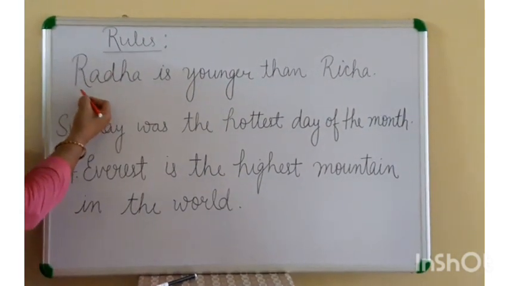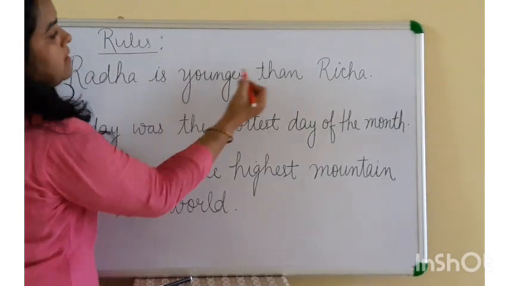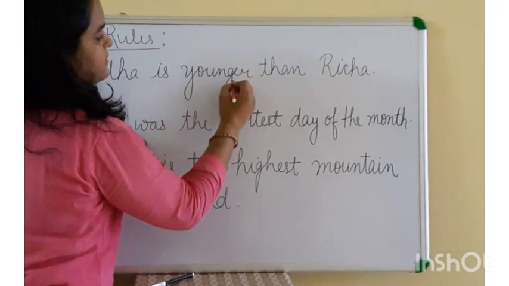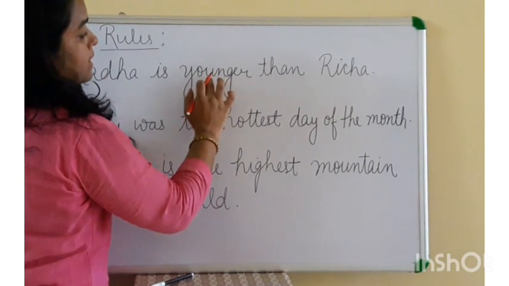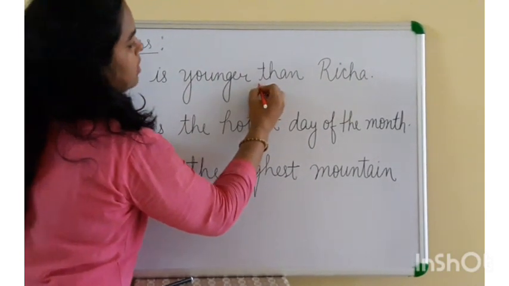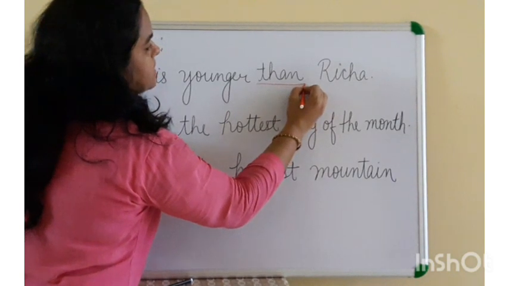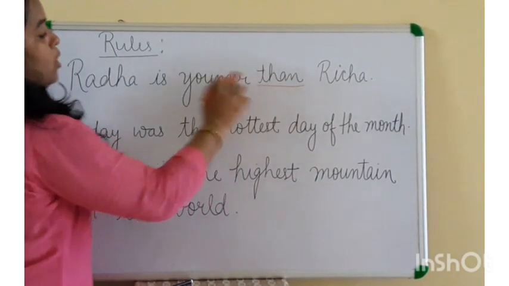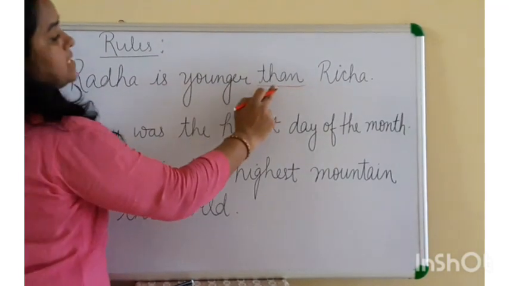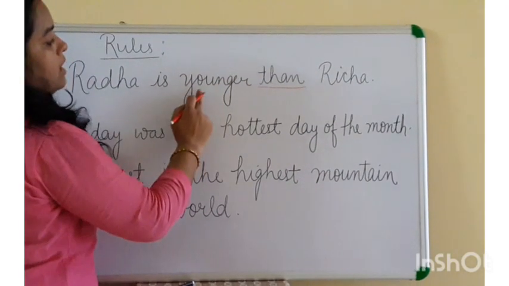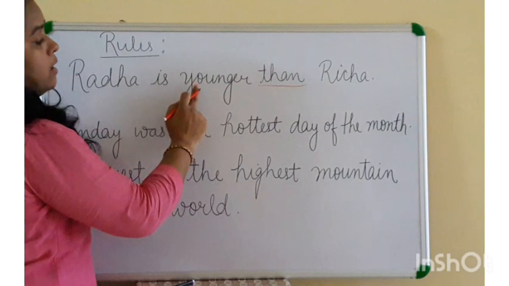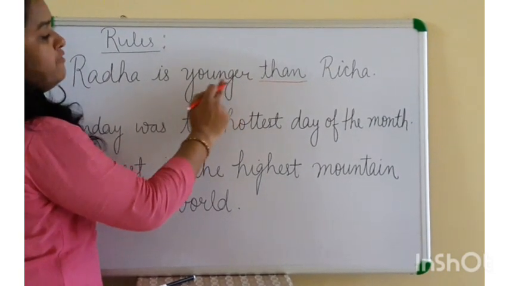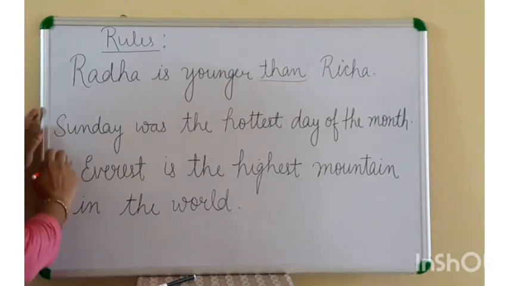Now our first sentence is Radha is younger than Richa. We use the comparative form here, and remember, the comparative form is always followed by than. Whenever there is than in the sentence, the word before than will always be a comparative form of adjective.